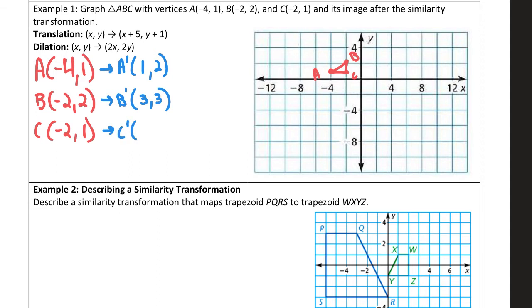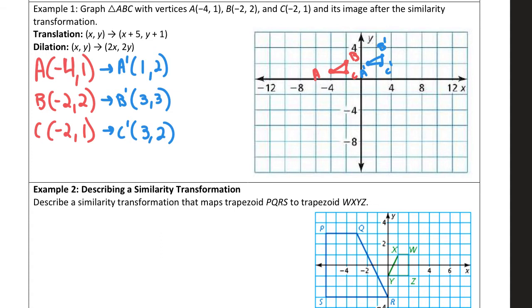Point C becomes 3, 2. So I'm going to graph this translation: 1, 2; 3, 3; 3, 2. So this is my image, A prime, B prime, C prime. That's the image of all my points after that translation.